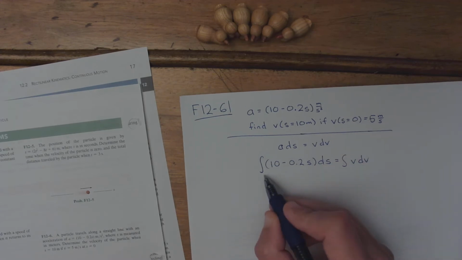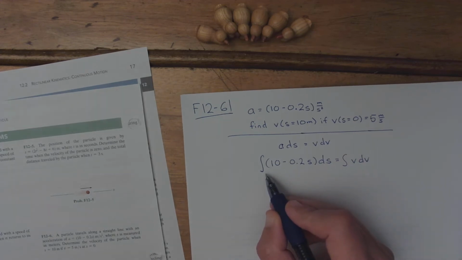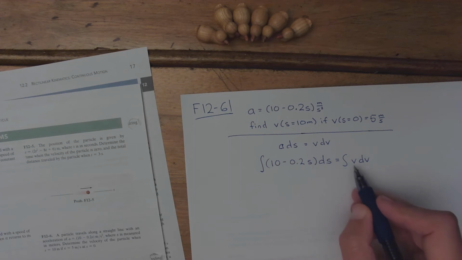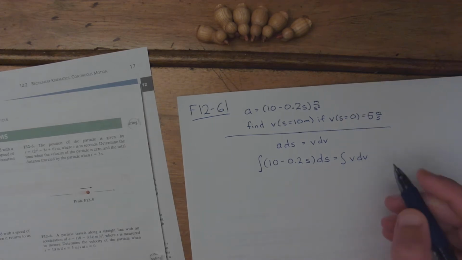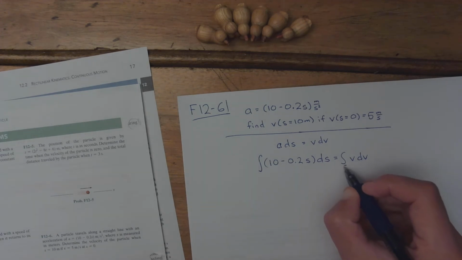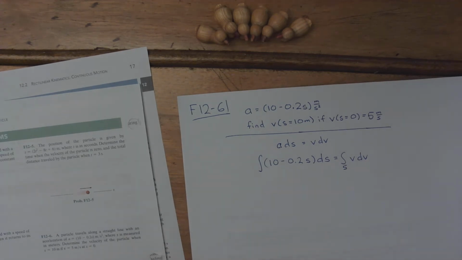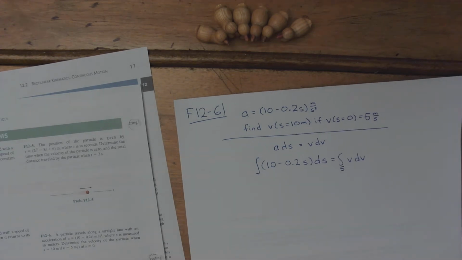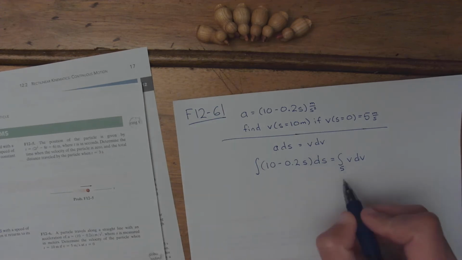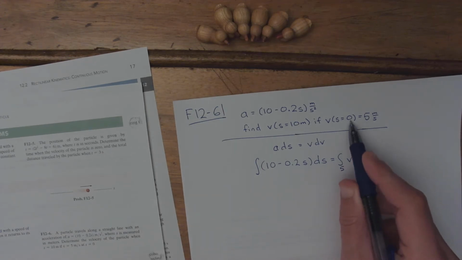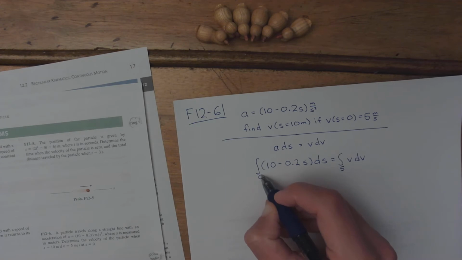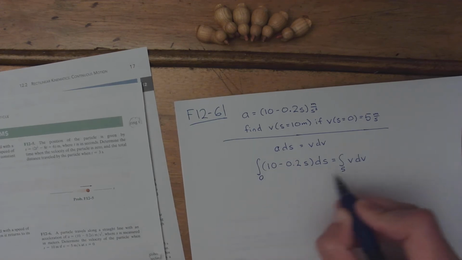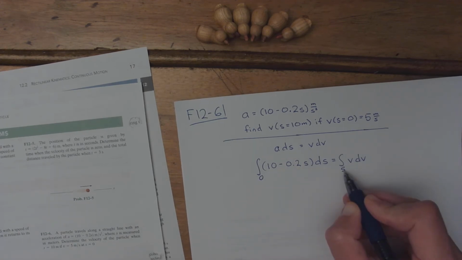So the lower limit that I use on the left-hand side of the equation has to agree with the lower limit that I use on the right-hand side of the equation. I'm going to leave the units off there just for the sake of space. When we're at 5 meters per second, the position is 0. So at position 0, I'm at 5 meters per second.